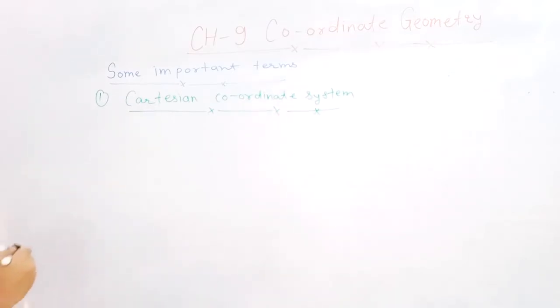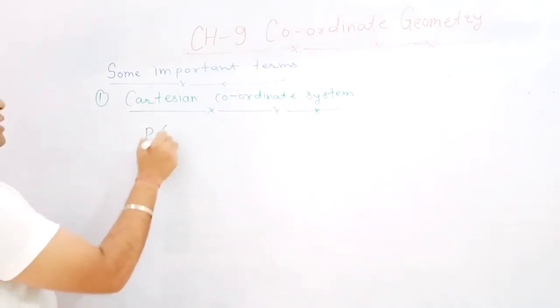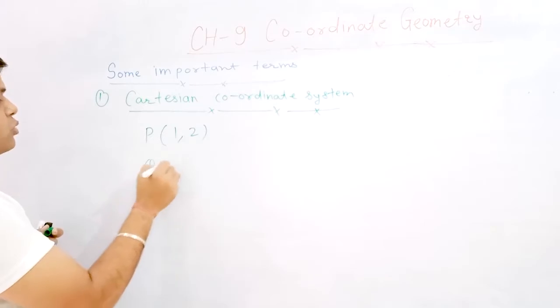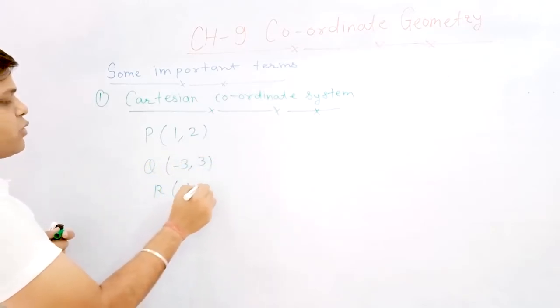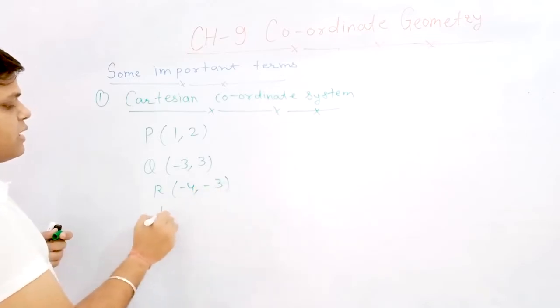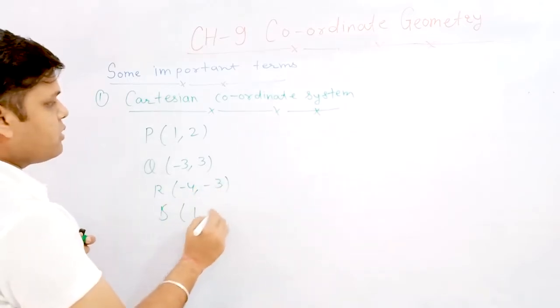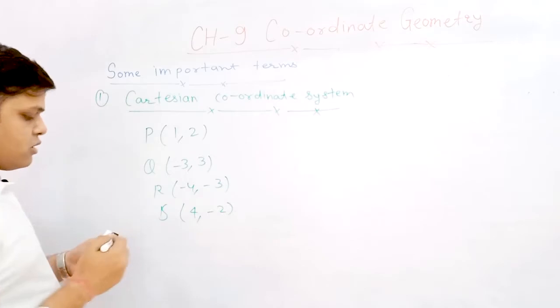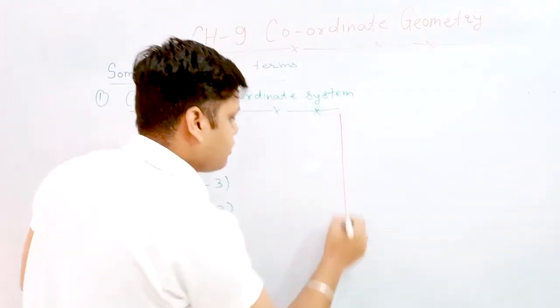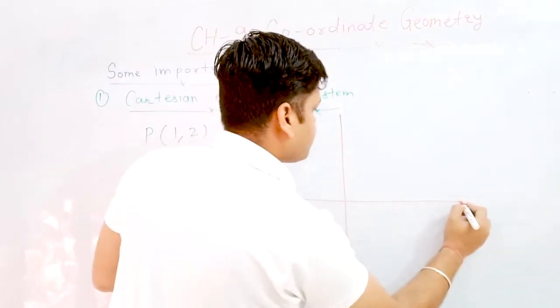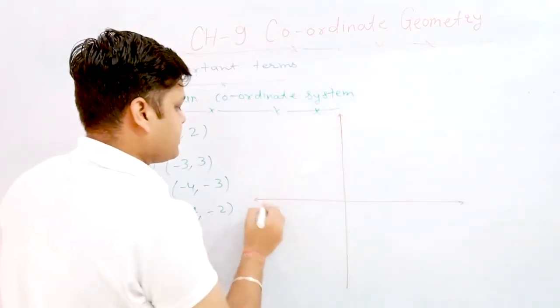Now, draw points P (1, 2), Q (minus 3, 3), R (minus 4, minus 3), and S (4, minus 2). So guys, now here we draw these two lines, which are the x-axis and y-axis.